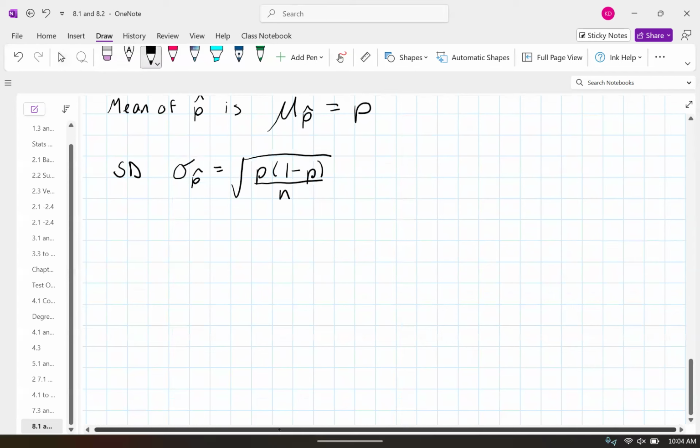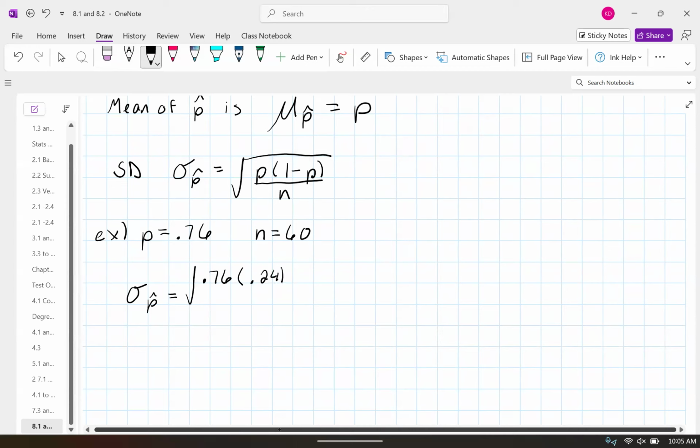Okay, so let's say we have a population with a proportion of 0.76, and our sample size is 60. We're going to find our standard deviation. So sigma p hat equals the square root of my p, 0.76, times 1 minus p, 0.24, all over 60.